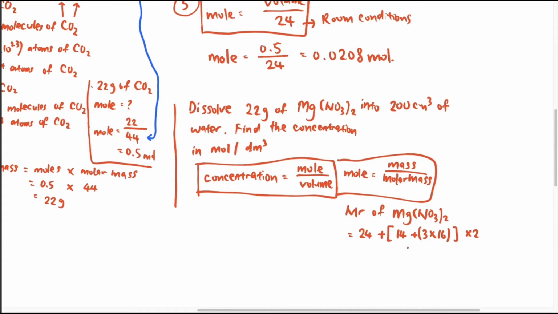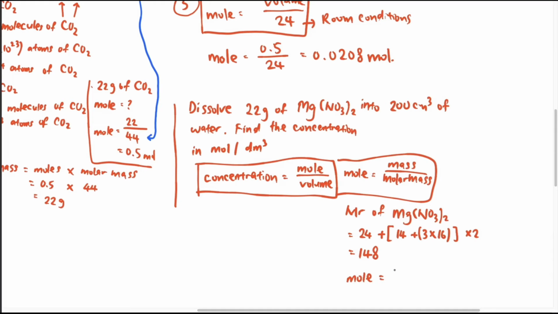Then I will get the MR. So I use calculator. 24 plus 14 plus 3 times 16, then times 2 again. 148. So once we get 148, then we use this formula to find the mole.